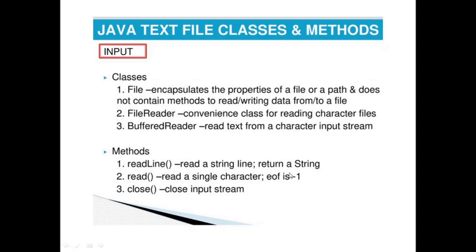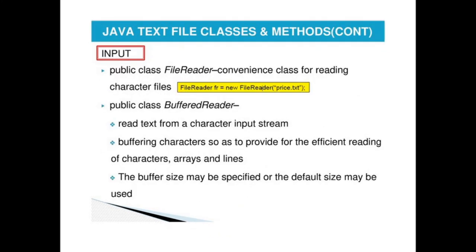This is a special value which is set to -1 when the file ends. So we can loop until we find EOF equal to -1, and the whole file will be read. We can keep displaying whatever we want in that program. Then close the input stream. This will close the input stream.